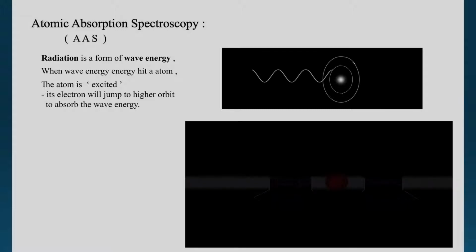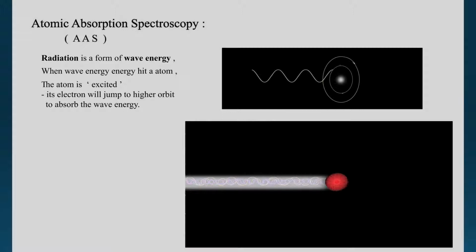Now let's look onto another picture of an atom. In case radiation hits onto an atom, this atom will be excited. And by the look of it, you can't see much difference. It looks like the wave radiation passes through the atom.